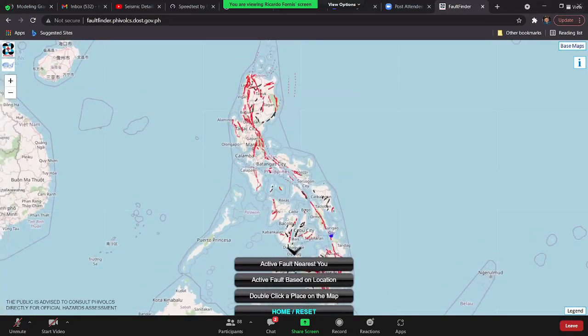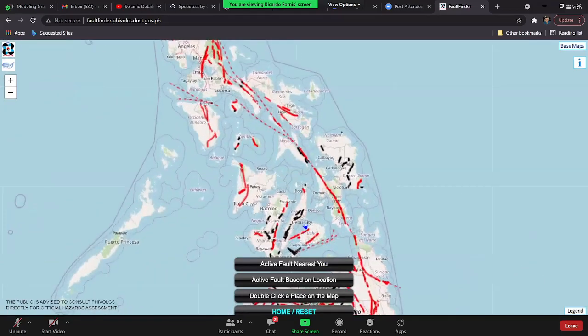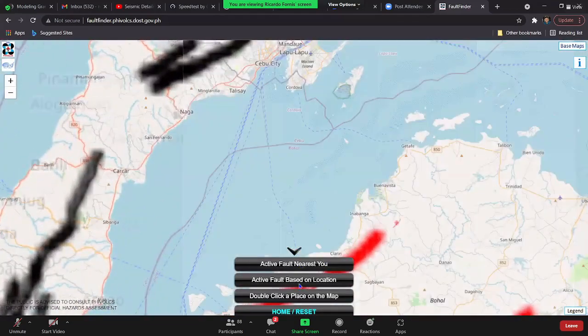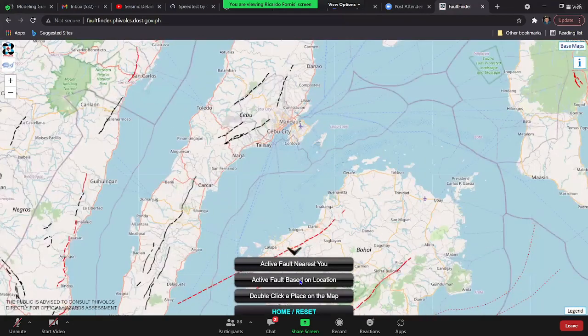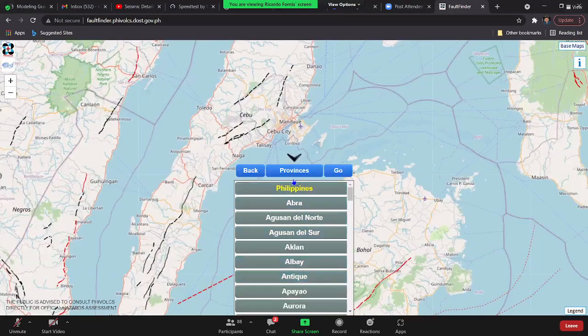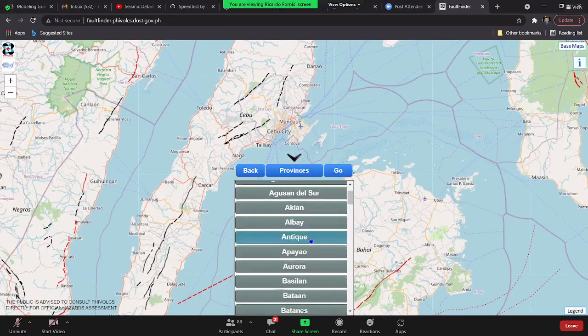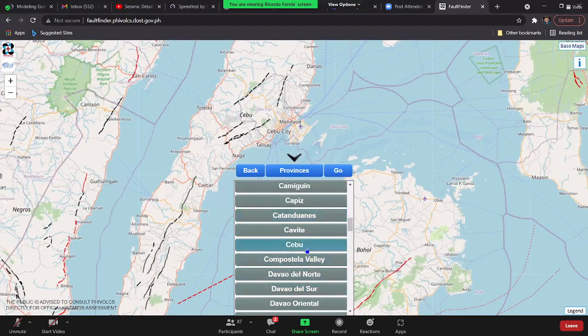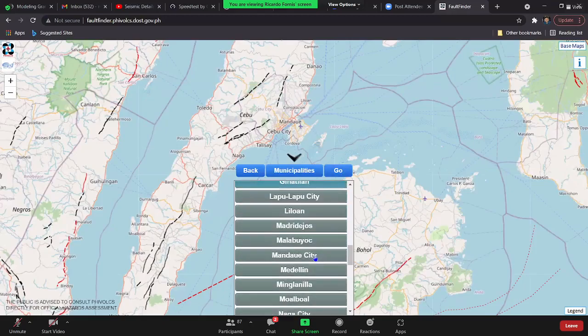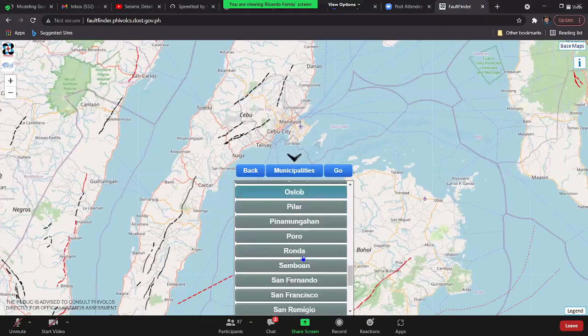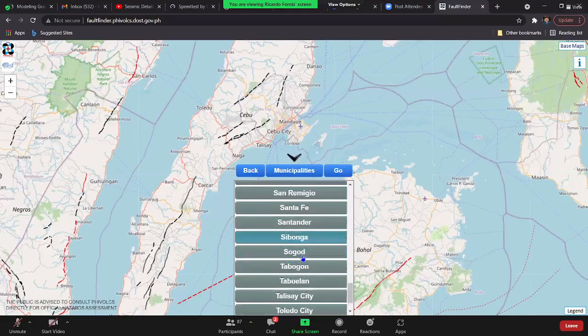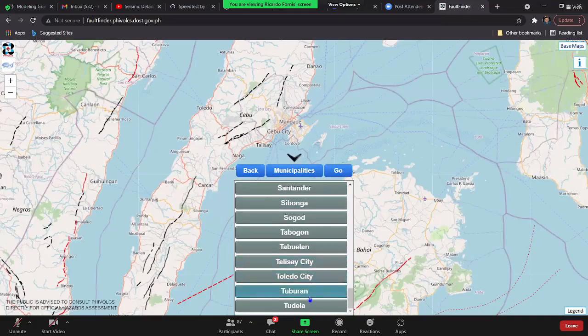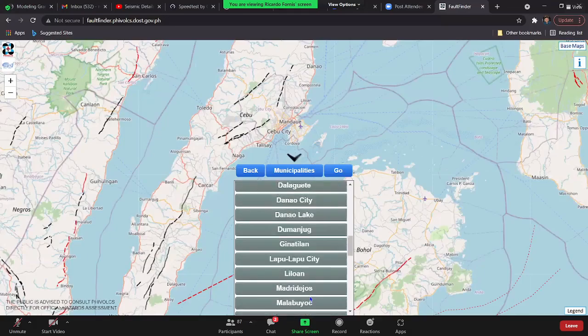Just click agree. You can either zoom in sa map and double click on the area, or you can also choose based on location. For example, let's do it first. Cebu, and then go. Let's go to Cebu City.